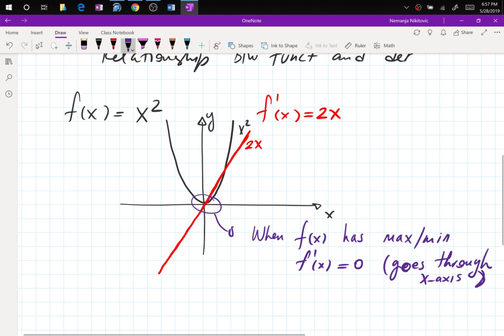So this is your first relationship that you are going to see. When the original function, in our case black, x squared, has either a minimum or a maximum, the red function has to go through the x-axis, has to have a 0 there.